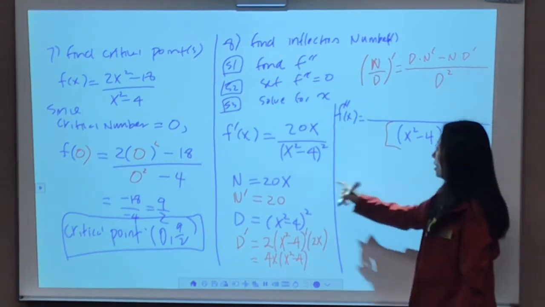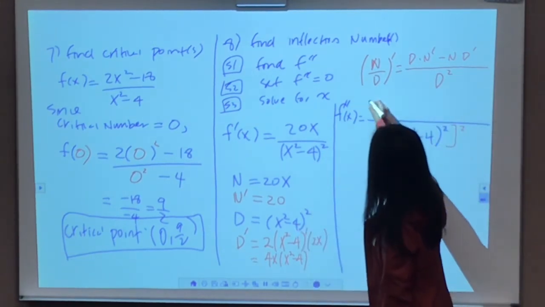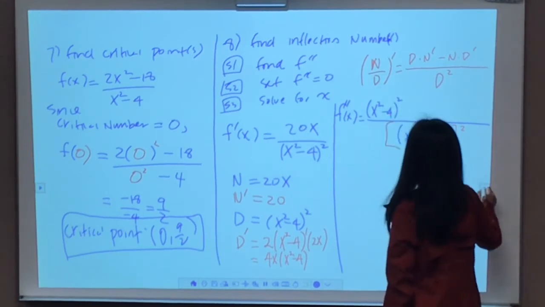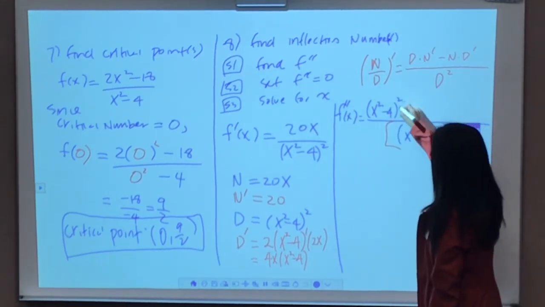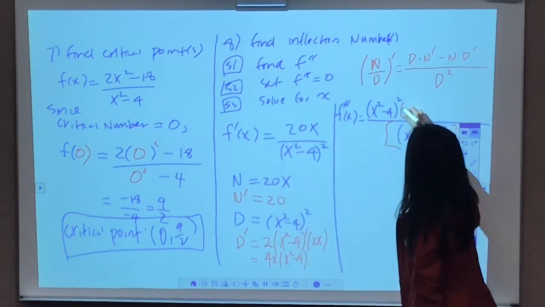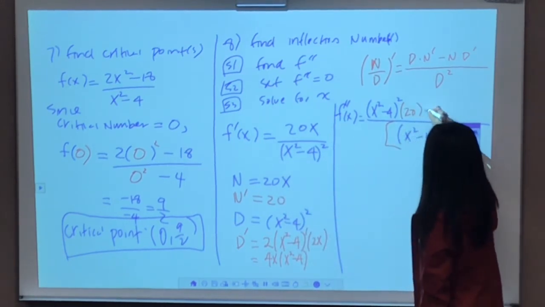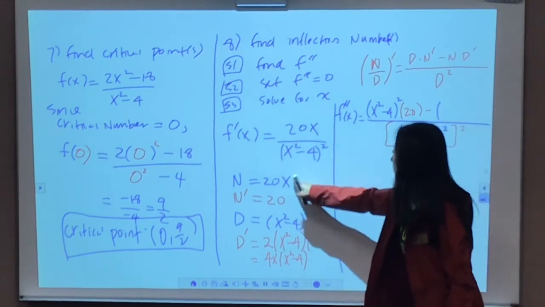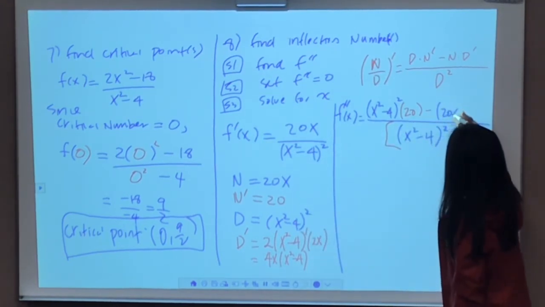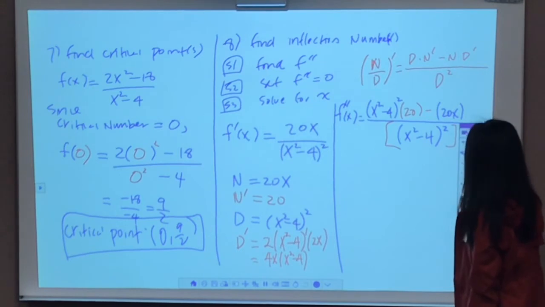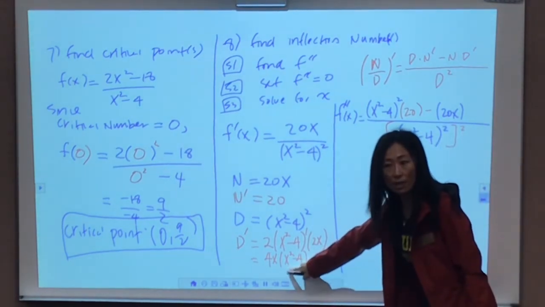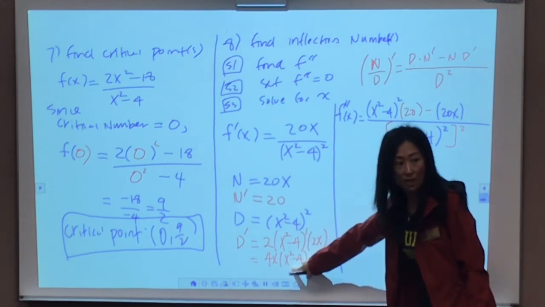So my numerator, my denominator is this, and the prime is only 20, minus 20x times the prime of the denominator, which is this.